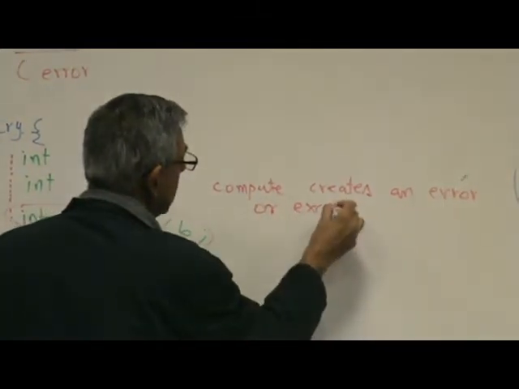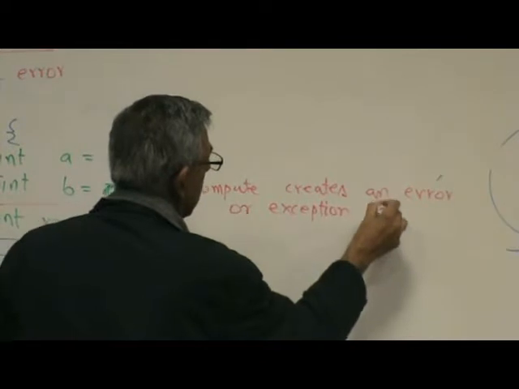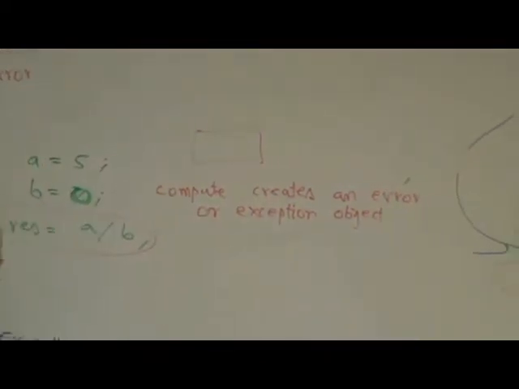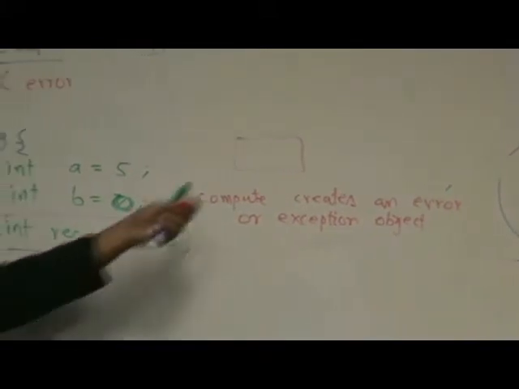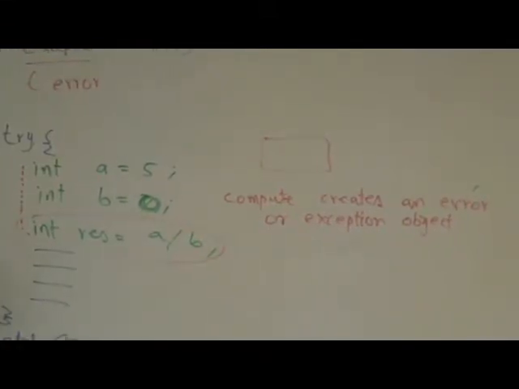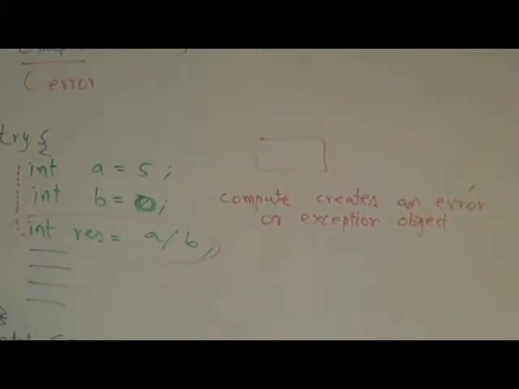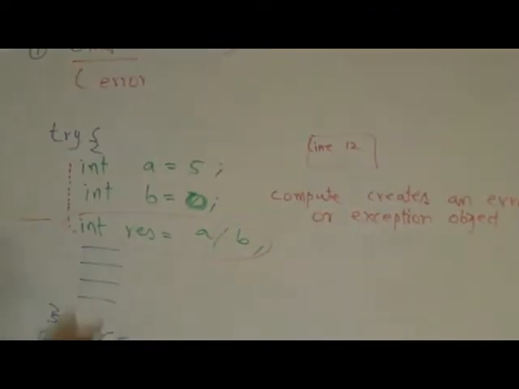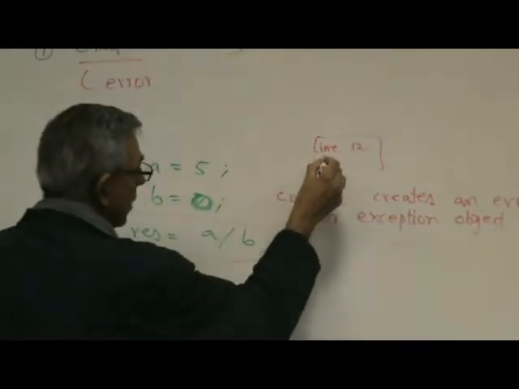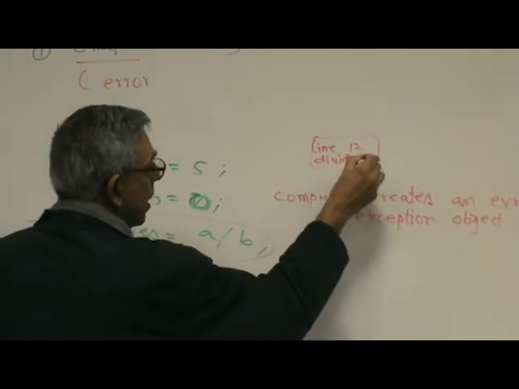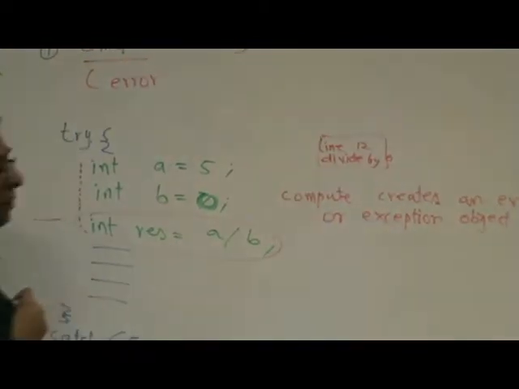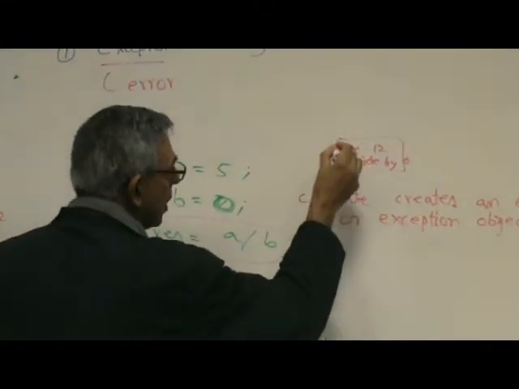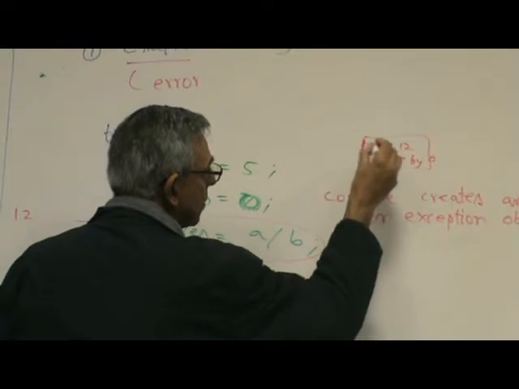Think of it like a box. So this is our error or exception object. For example, if this error occurred at line 12, it will store that the error occurred at line 12. What kind of error occurred? It will store some information. Divide by 0 is the type of error that occurred. So anyway, it stores a few more details over here, which I'll show you in a few seconds.